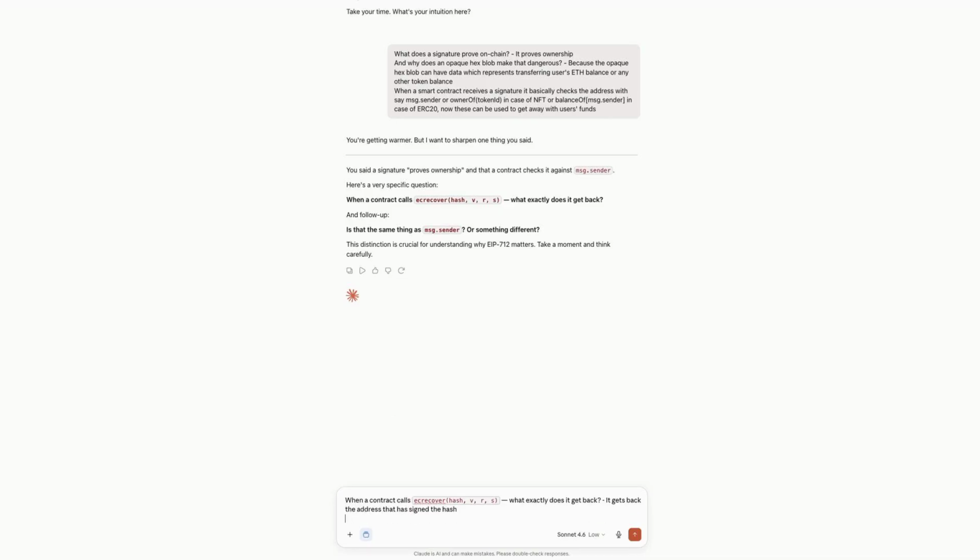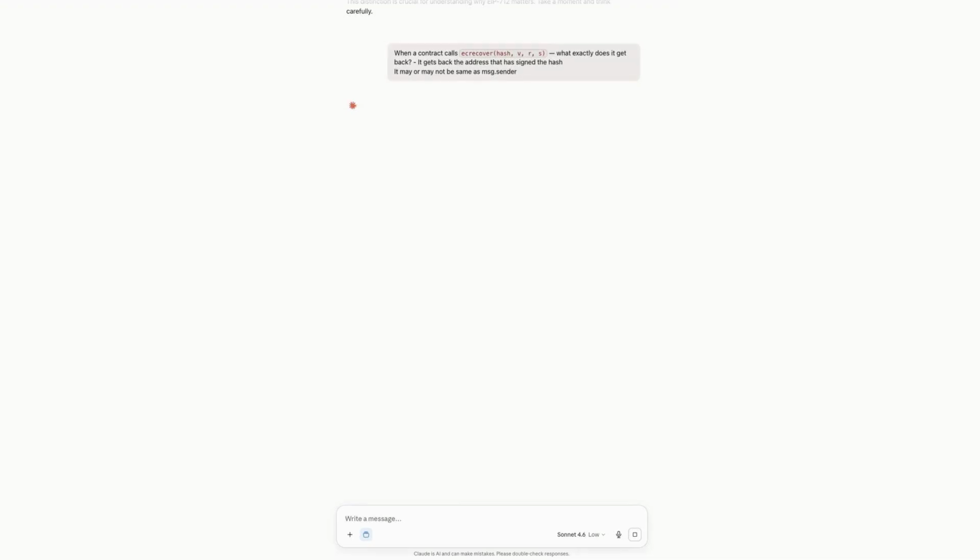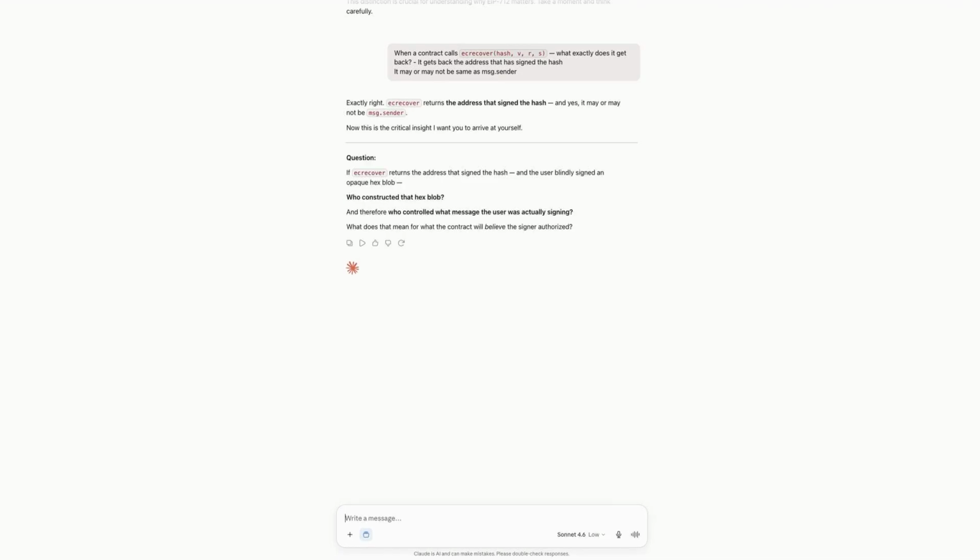It may or may not be the same as message.sender. Right. So ecrecover returns the address that signed the hash, and yes, it may or may not be message.sender.